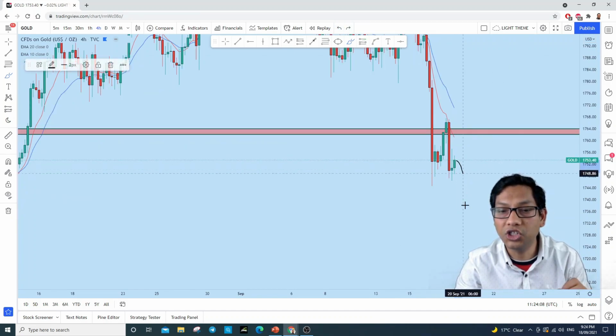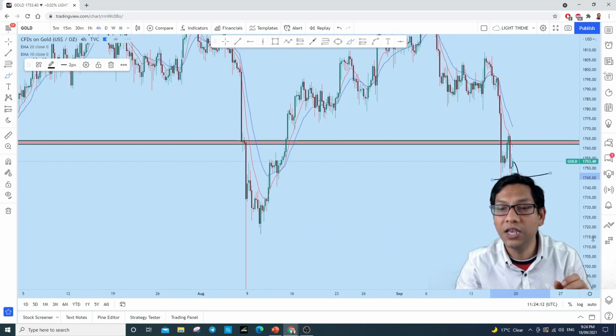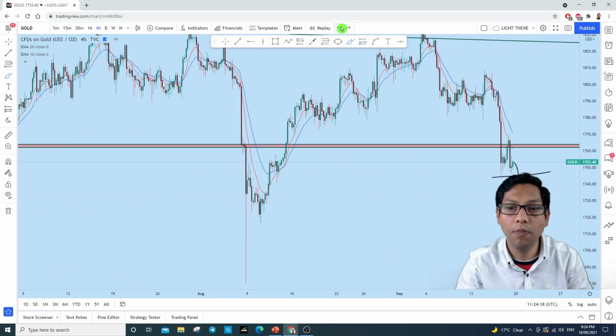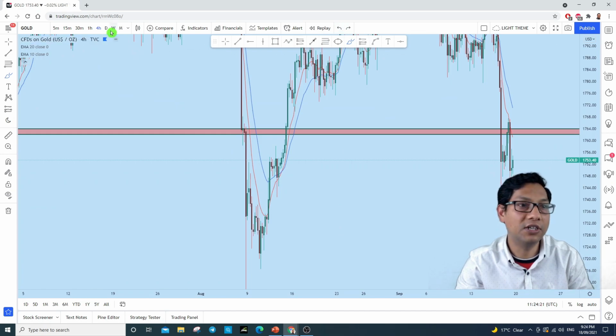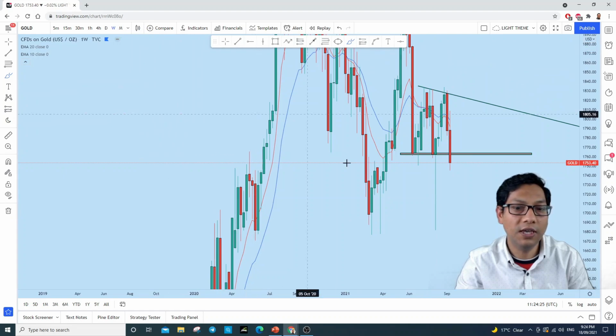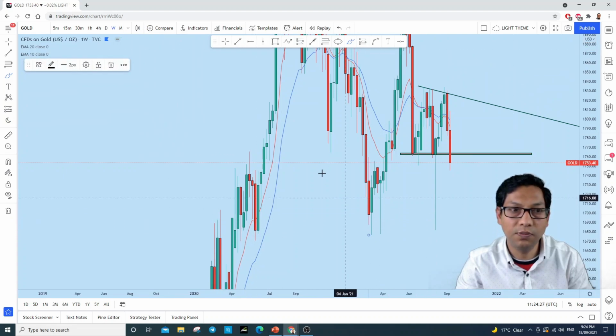If we see a strong drop from here, immediately we'll go for a short from this zone, because then we might see a drop to this level. Let's see the target. We might see the drop to this level, because the price was basically respecting this weekly candle.